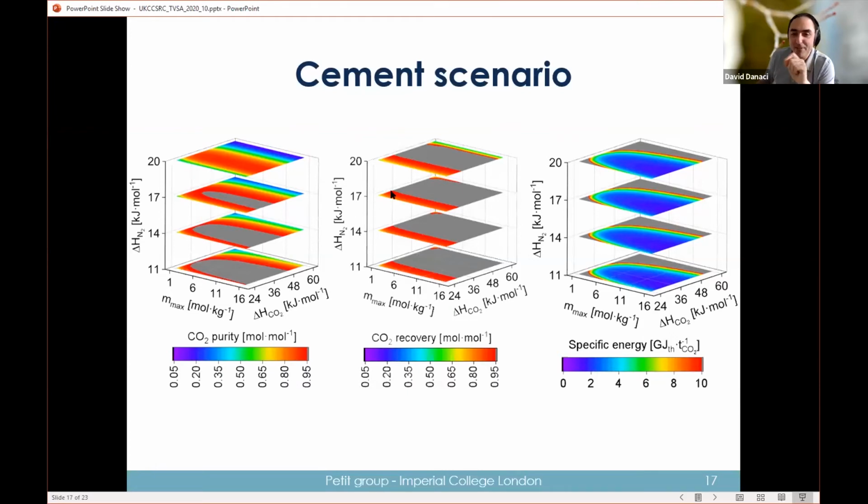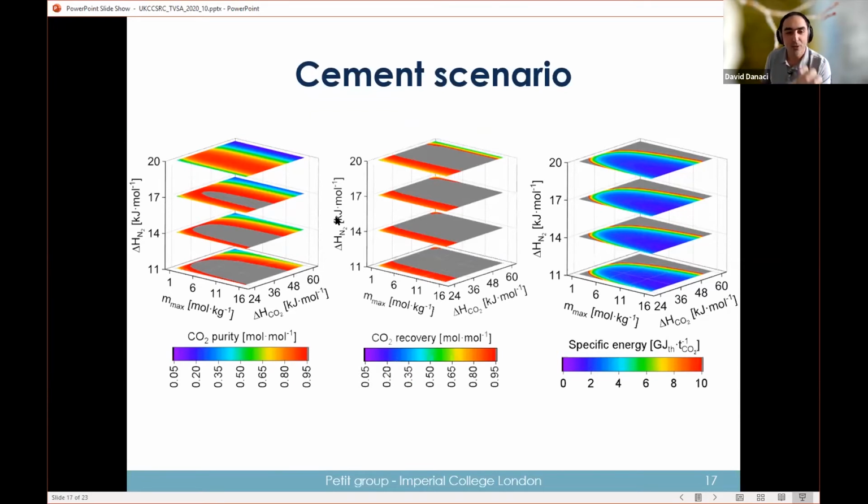But there's an interesting result in the recovery data, where there is a region here with high nitrogen loading where the recovery suddenly drops off. And that seems to be due to a greater feed gas requirement.